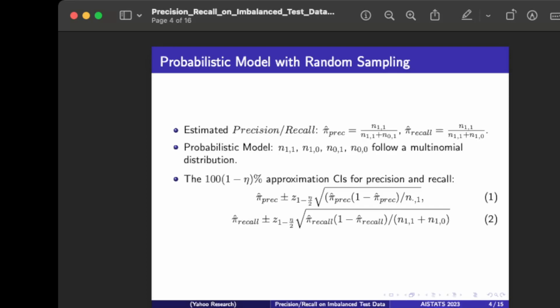Marginals and conditionals of a multinomial distribution follow a binomial distribution. So the confidence intervals of estimated precision and recall have these forms. Note that when the data is very imbalanced, the number of predicted positive data is much smaller than the total sample size, making the width of the confidence intervals very wide, especially for precision.